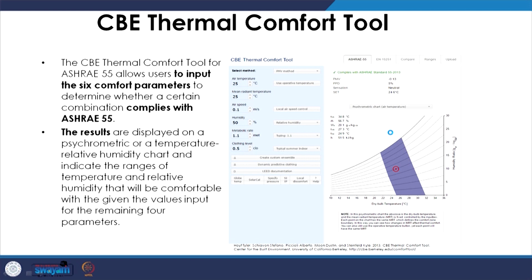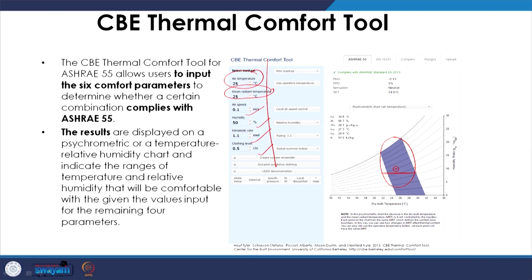Now, this could be done on the basis of the PMV method or the adaptive comfort method, where the user inputs the air temperature, the MRT, air speed, humidity, metabolic rate and clothing level, bringing all 6 of them together to give you a condition which, as per PMV, the fixed thermal comfort model, is comfortable or not.